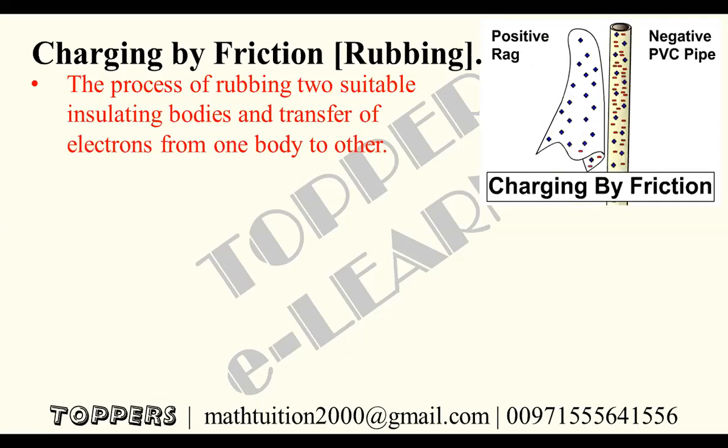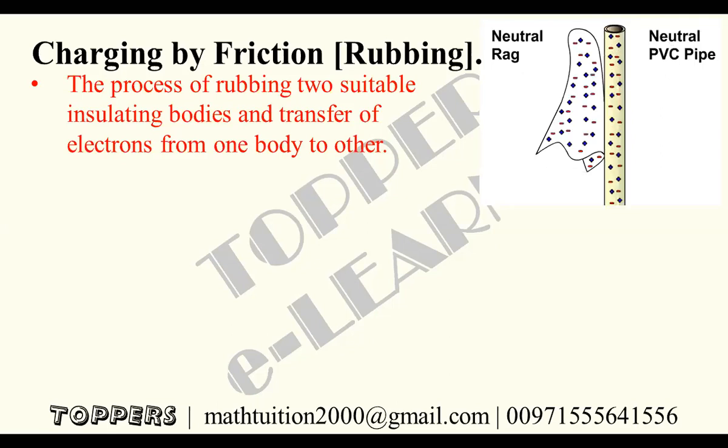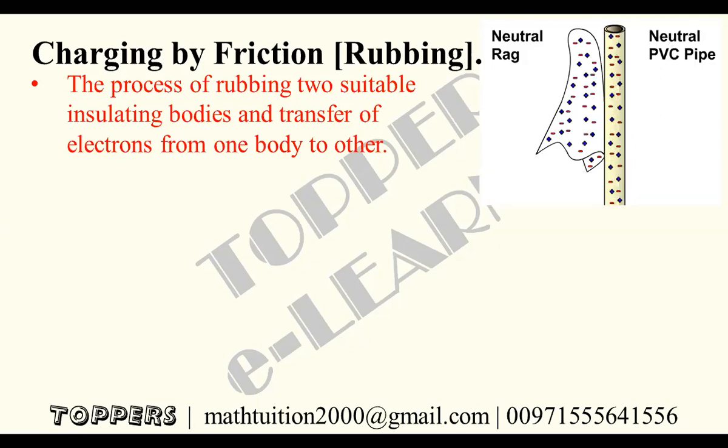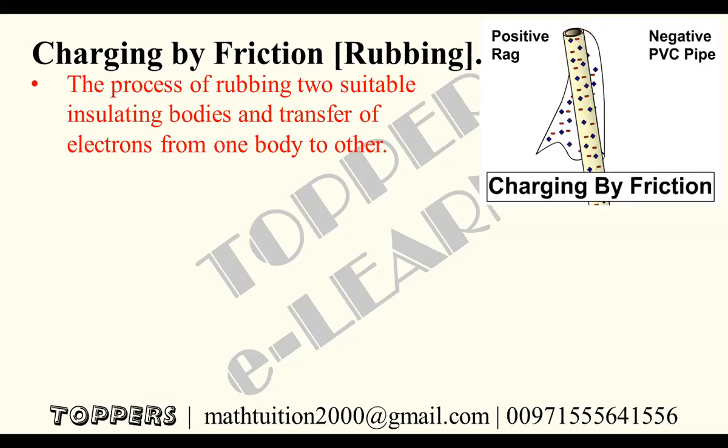The definition is: the process of rubbing two suitable insulating bodies and transfer of electrons from one body to the other is termed as charging by friction. Charging by friction is actually taking place between two insulating objects, not the conductors. You have to take care of that part. When you rub two conductors, they do not get charged.